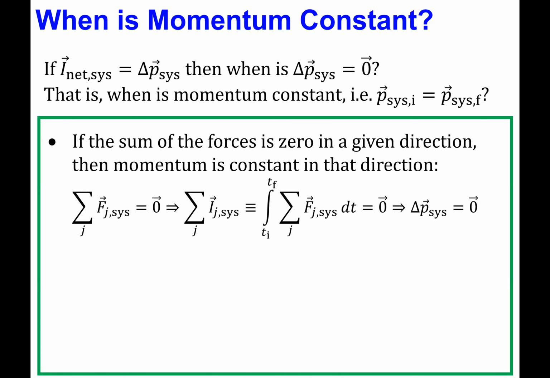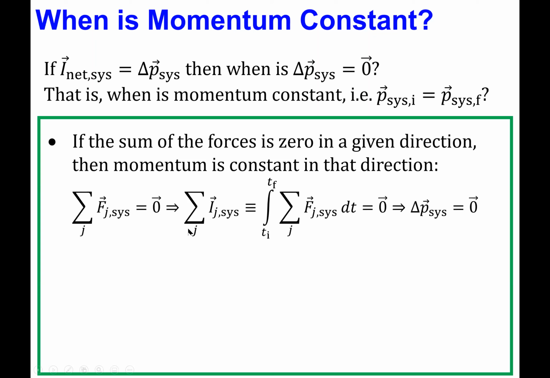Let's look at this particular condition. So we recall that Newton's second law says that the sum of the forces equals mass times acceleration. But let's just look at the left-hand side of that and look at the sum of the forces in a particular interaction, and let's say that that sum equals 0. Well, here we're going to show, of course, that this implies something about the change in momentum.